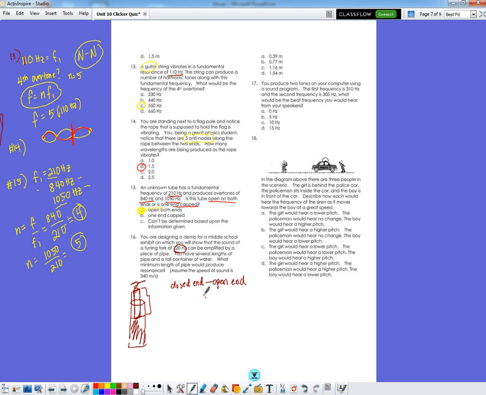Now the length is related to the wavelength, and we know that if you have a closed end and open end, the formula for that one would be 4L over N, right? If it's both open or both closed, it will be 2L divided by N, but our lambda will be 4L divided by N.